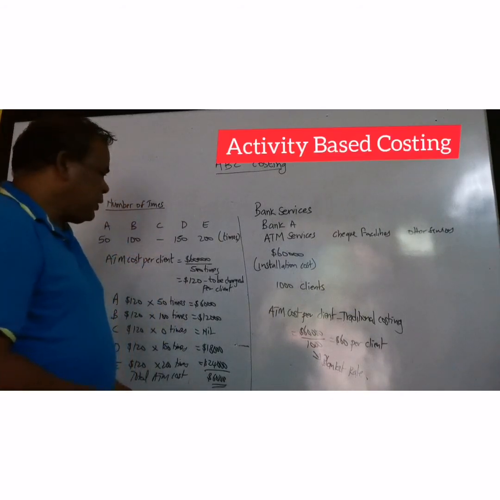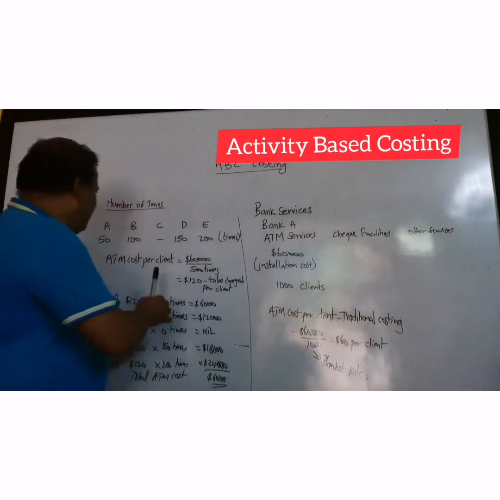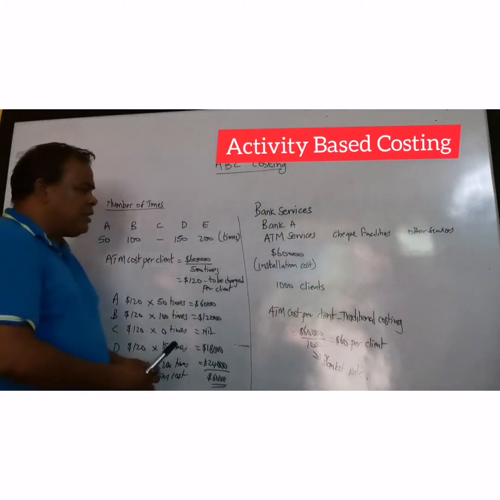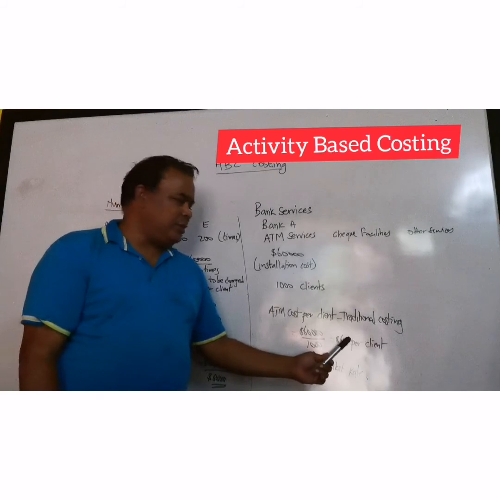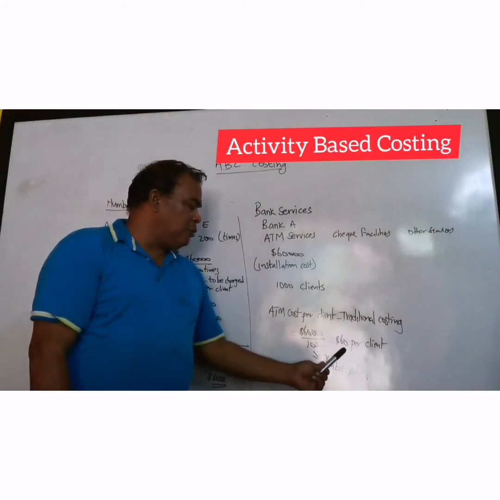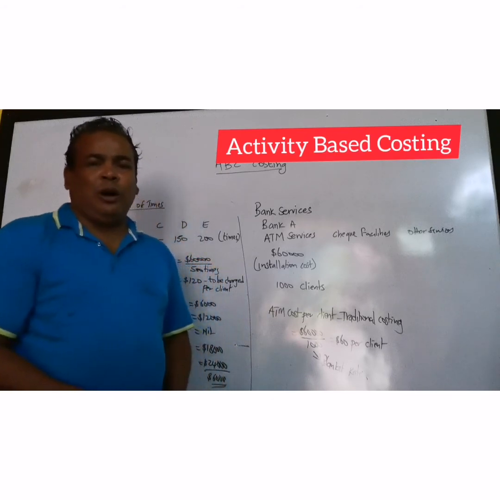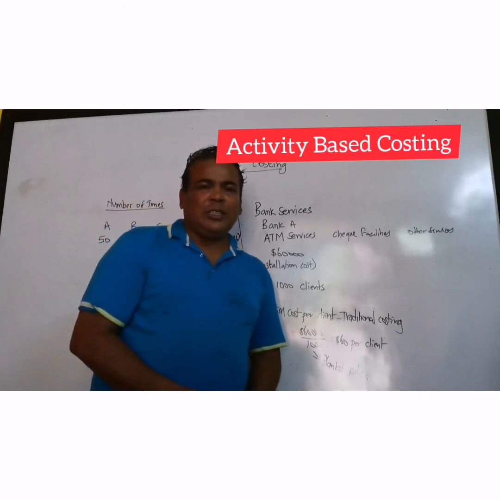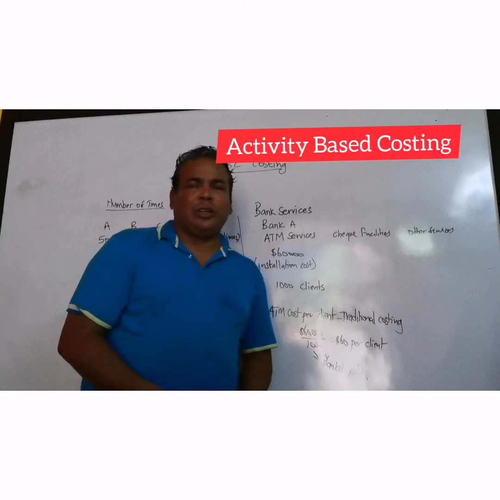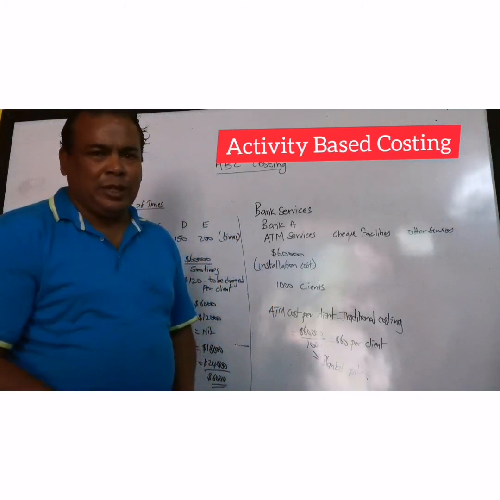Else, if the bank is using the traditional costing method, we will have to charge $60 in the bank account of client C. So in this case, he will be demotivated because he is not using the ATM service.